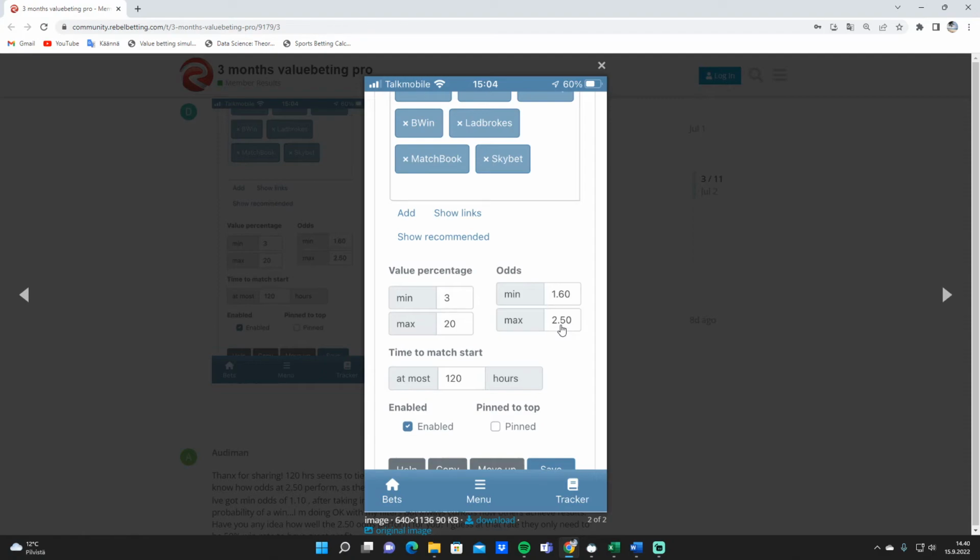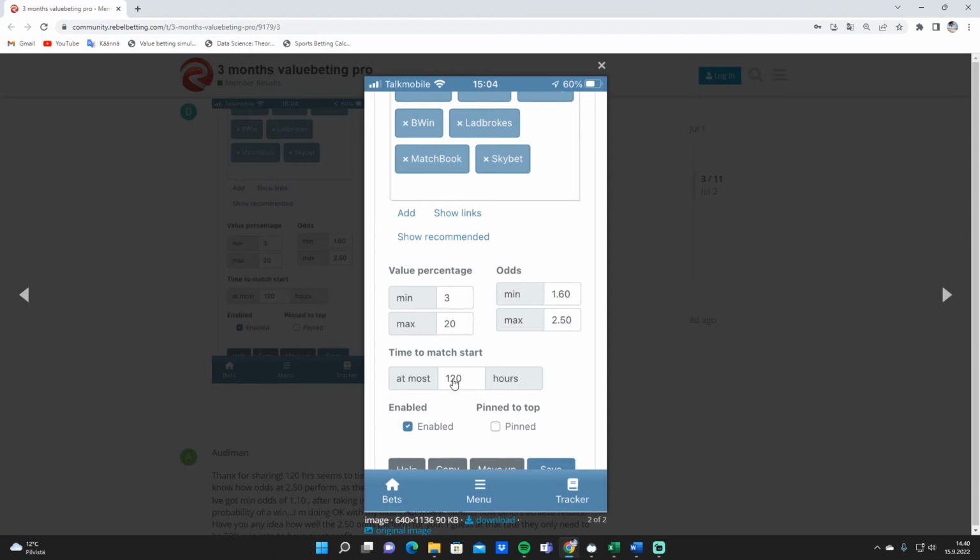But I would only place those bets if they have really high value, like a value of 10% or more. Then you will also get the advantage of the really high value, and you can find more bets. So I would try to use a wider spectrum of the odds here.